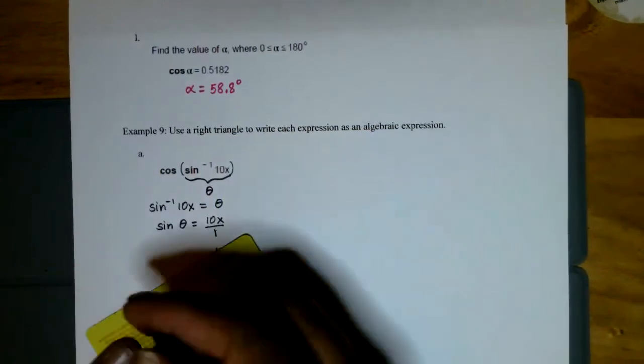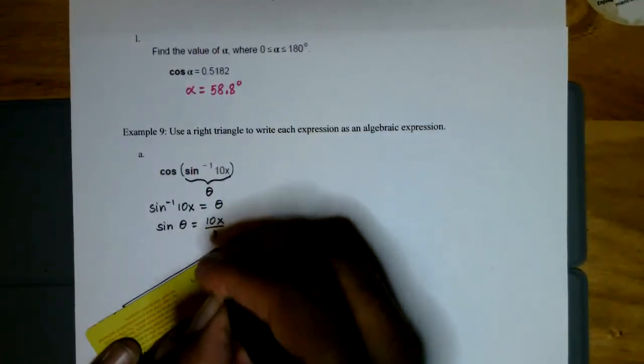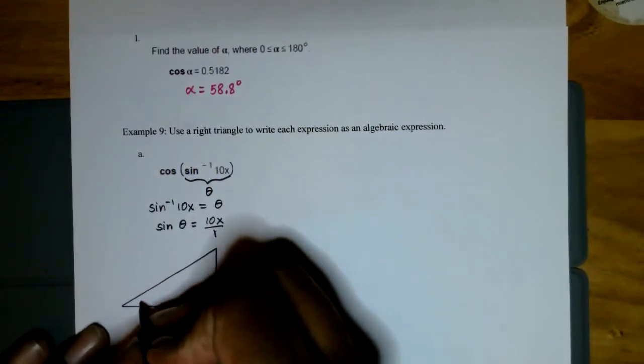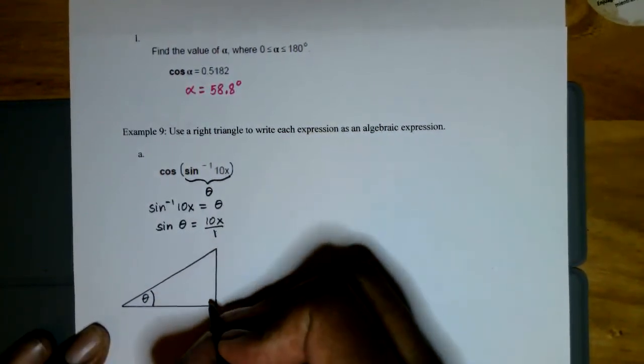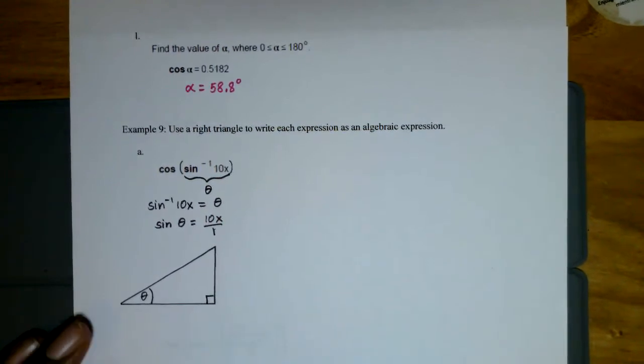Okay, so here's my right triangle. And this is going to be angle theta right here. Now, according to one of our trigonometric relationships, the sine of theta is always going to be the opposite side over the hypotenuse.